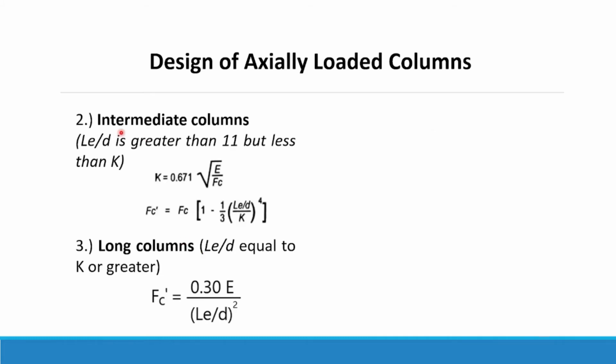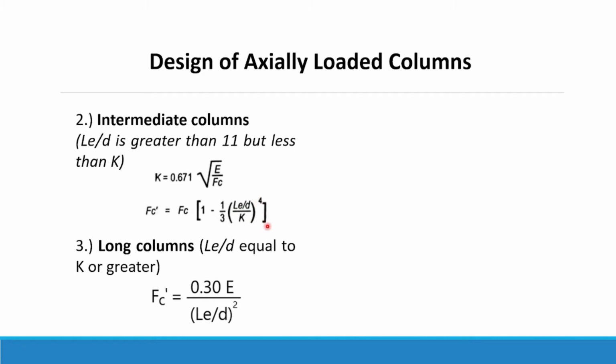And if the column is an intermediate column, the ratio LE over D is greater than 11 but less than K, where K is equal to 0.671 times the square root of E over F sub C, and we will use the allowable compressive stress formula, FC prime, which is equal to F sub C multiplied by 1 minus 1/3 of LE over D all over K, all raised to the exponent 4.